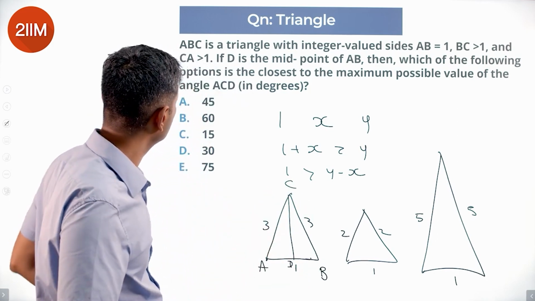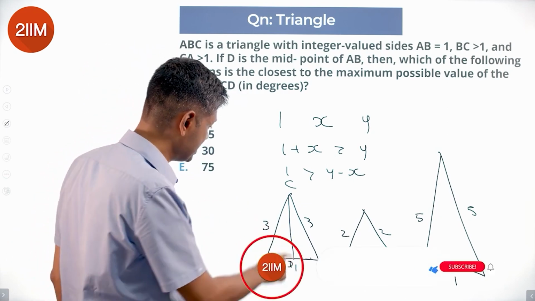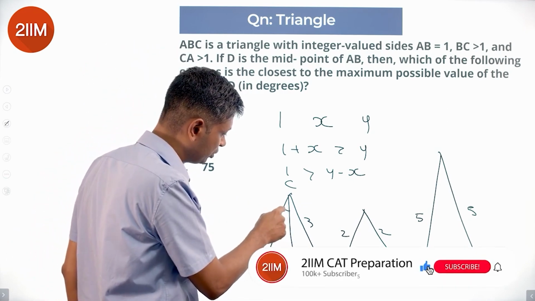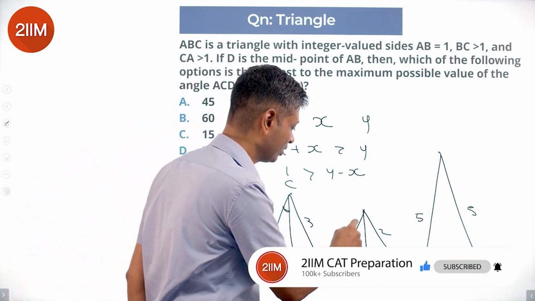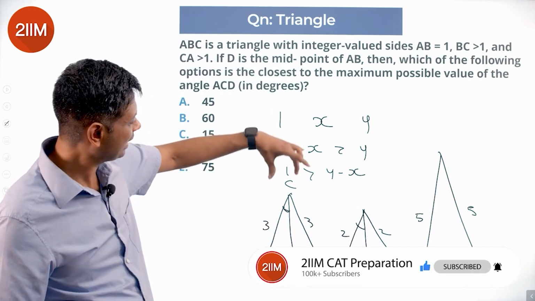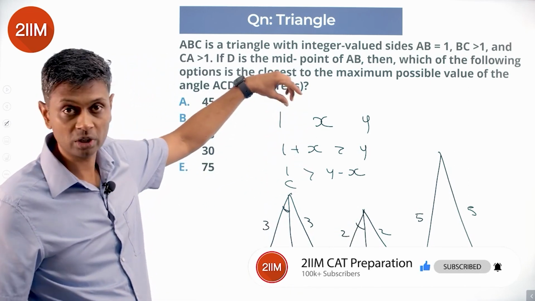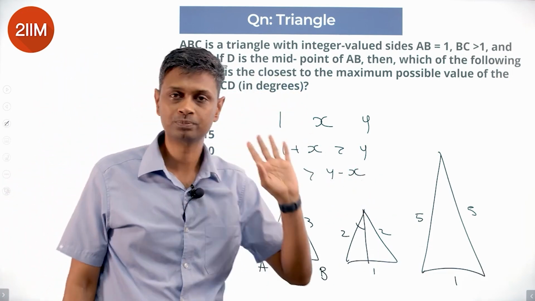We want to find the maximum possible value of angle ACD. Straight away we can sense that this base is set. You're taking C higher and higher, the angle will become smaller and smaller, so the maximum value will be when this is 1, 2, 2.